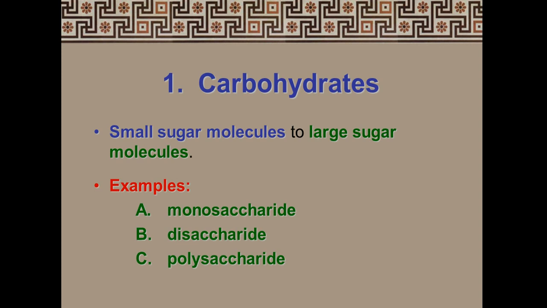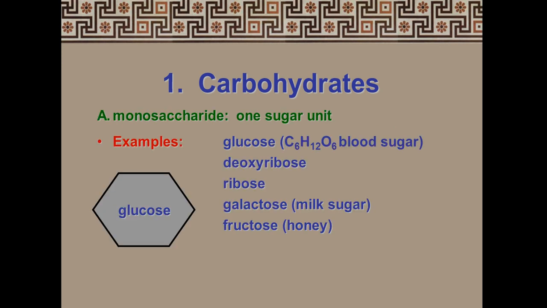Okay, so when we talk about carbohydrates, we can talk about three types of carbohydrates. We can talk about monosaccharides, disaccharides, and polysaccharides. Our monosaccharides are smaller sugar molecules, and our polysaccharides are larger sugar molecules. A monosaccharide is one sugar unit, and you see it right here. This is just one sugar unit, okay?